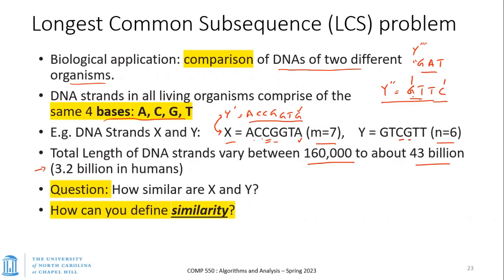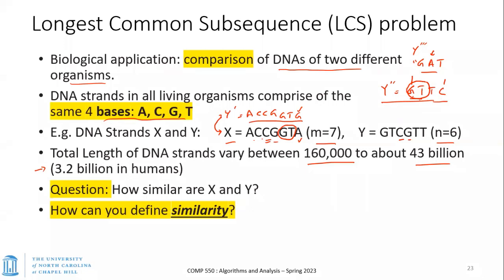You can't say that Y triple prime is a substring of X, because now I've introduced A in the middle, so GT don't come together. Earlier, G and T were together, and you could see that this was common between X and Y double prime, but now I inserted something. So now you need to have a slightly more complex definition.